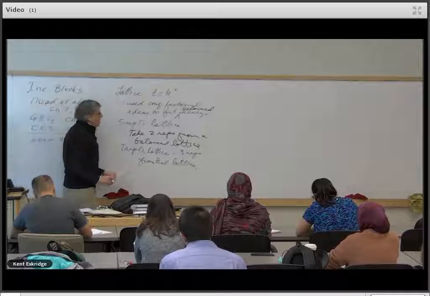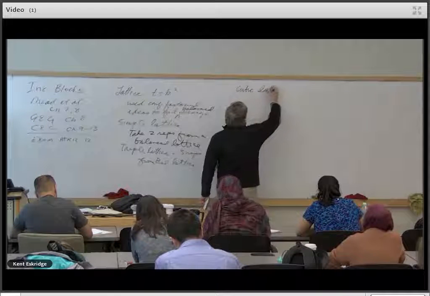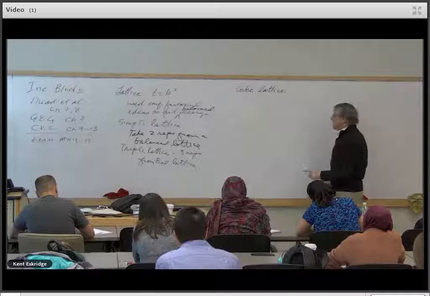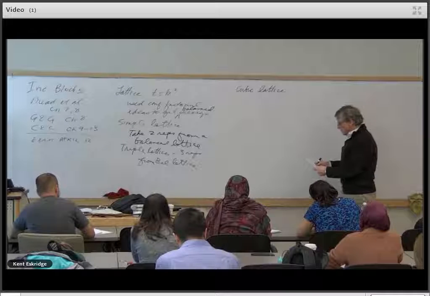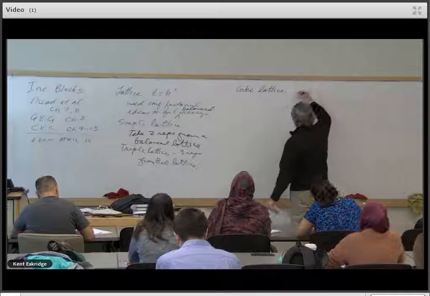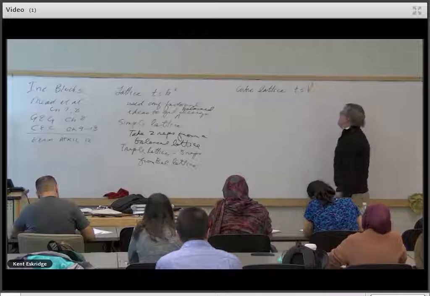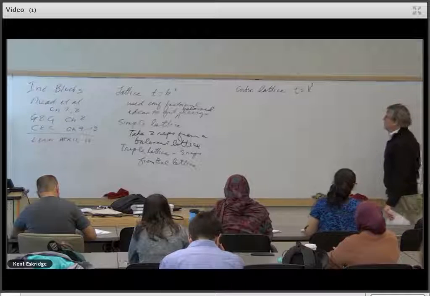Another lattice is called the cubic lattice. These can be very useful in that you get very small block sizes for lots of treatment combinations. In this case, the number of treatments that we have is the block size raised to the power 3.